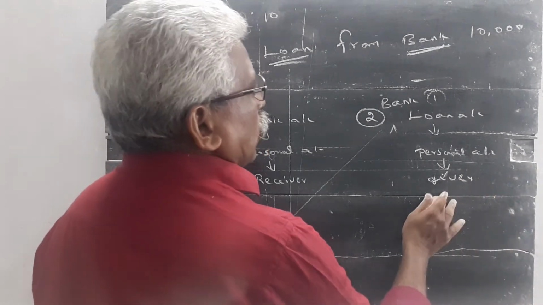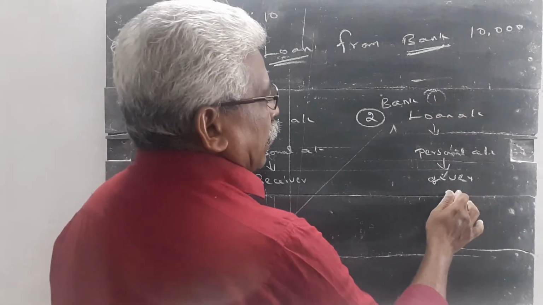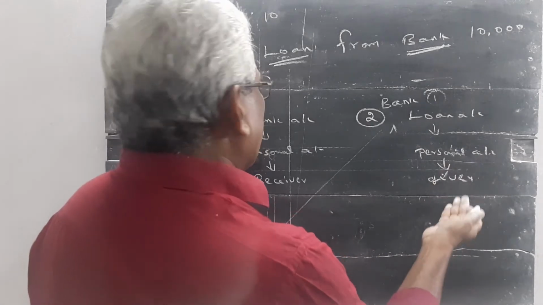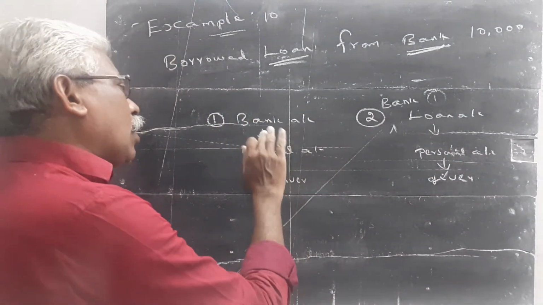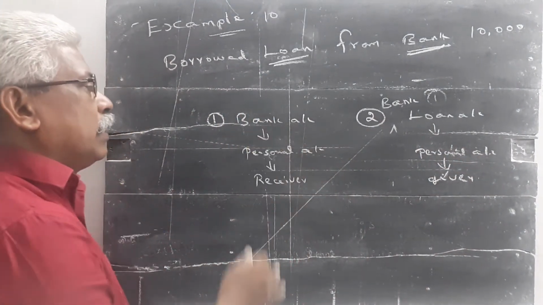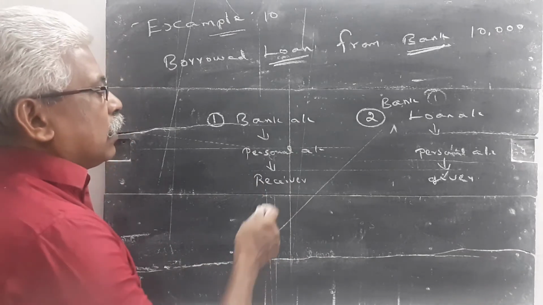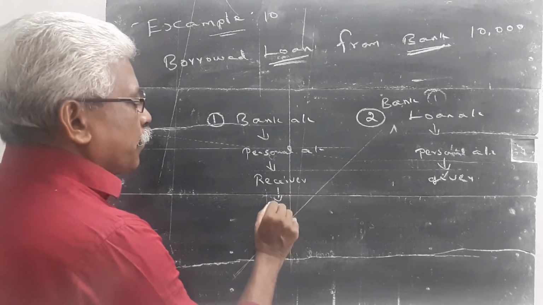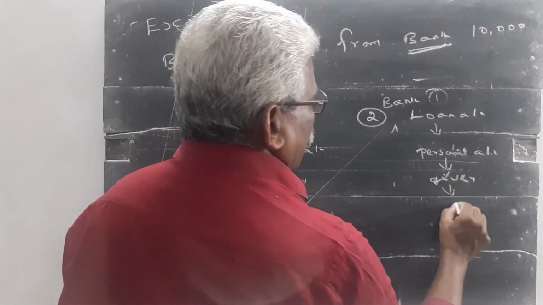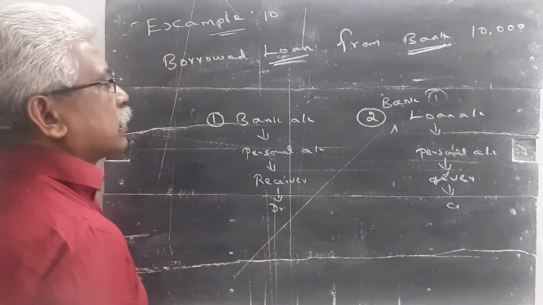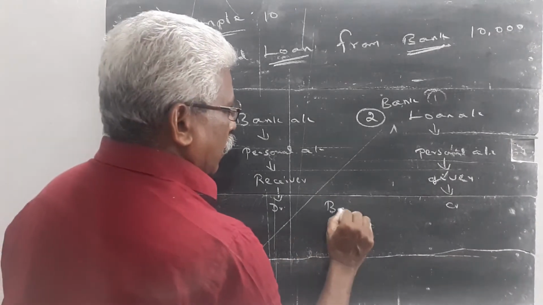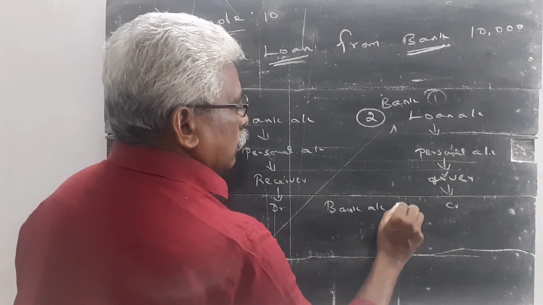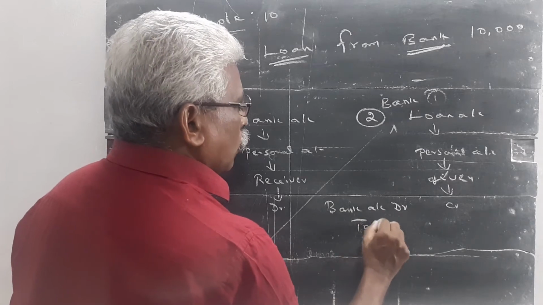Bank gives the loan to our bank account, so here bank is the receiver. Debit the receiver, credit the giver. So the answer is bank account debtor to bank loan account.